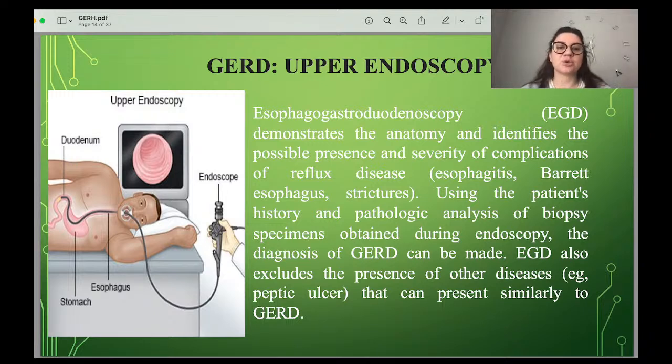Using the patient's history and pathologic analysis of biopsy specimens obtained during endoscopy, the diagnosis of gastroesophageal reflux disease can be made. Endoscopy also excludes other diseases like peptic ulcer that can present similarly to reflux disease.